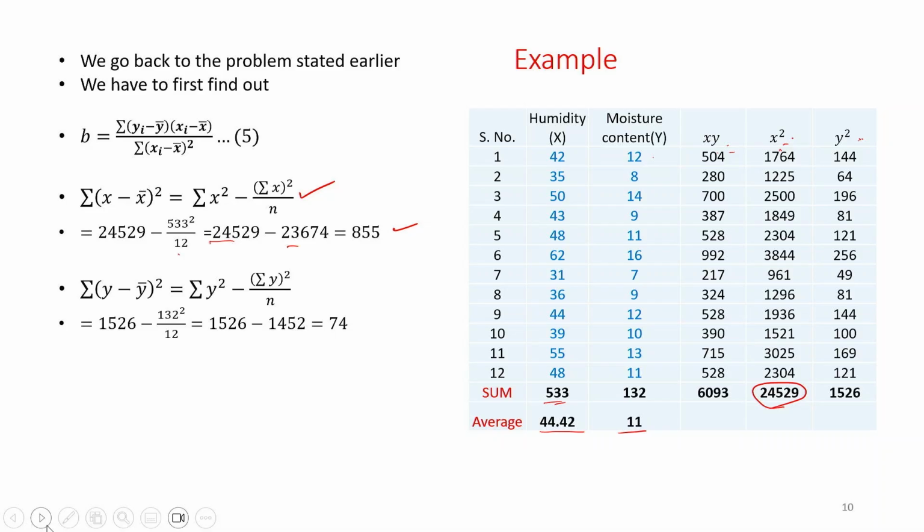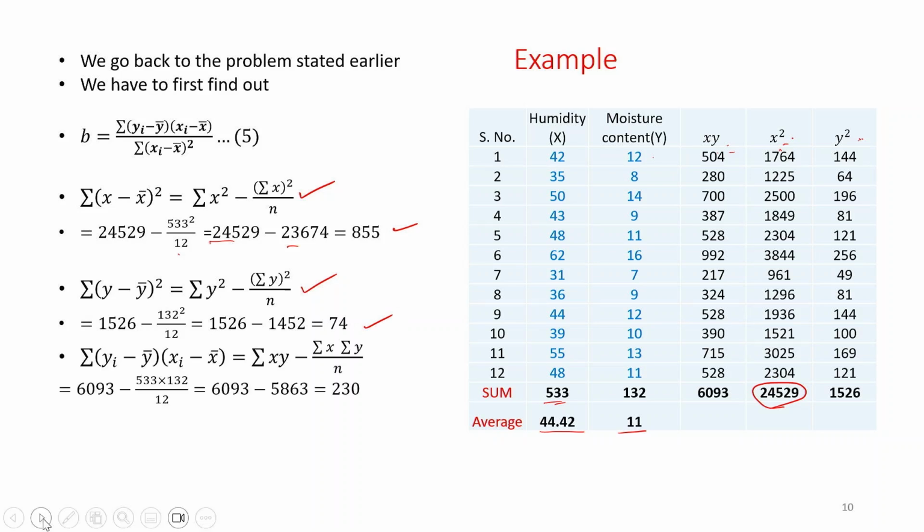And now we want to find the value of y minus y bar whole square. We can find it because y minus y bar whole square is equal to this. If we follow similarly, take the values from the table and place them here, you get a figure of 74.